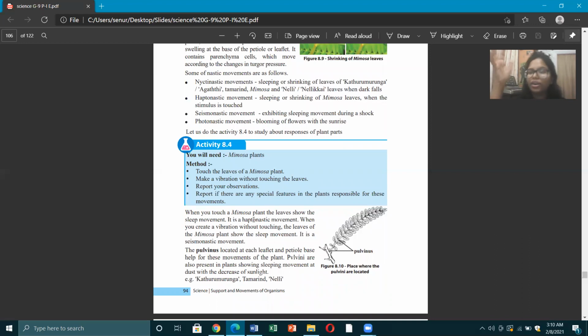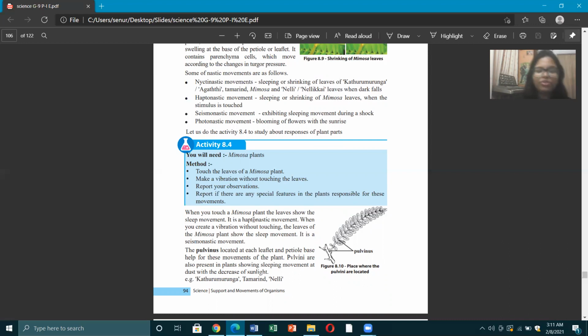So that depends on the context. That depends on what happens. So if you touch the mimosa leaves and it sleeps, then you call it a haptonastic movement. But if you produce some kind of vibrations, or give out some kind of shock, and then the plant sleeps, then it's a seismonastic movement.